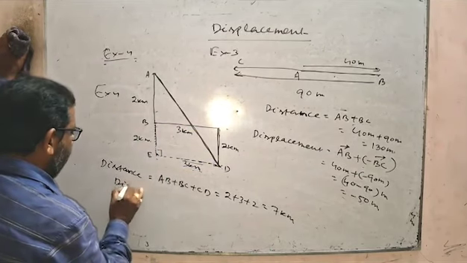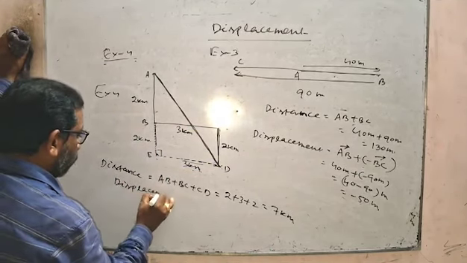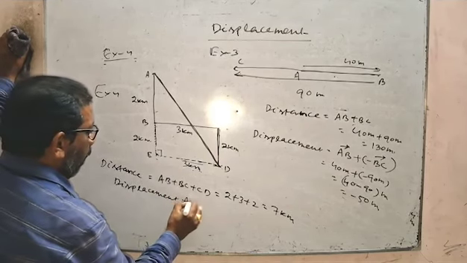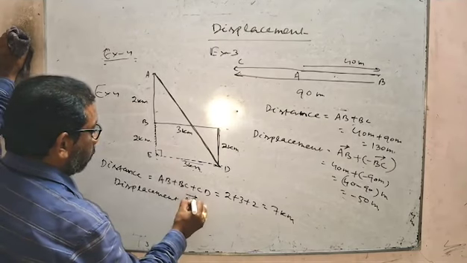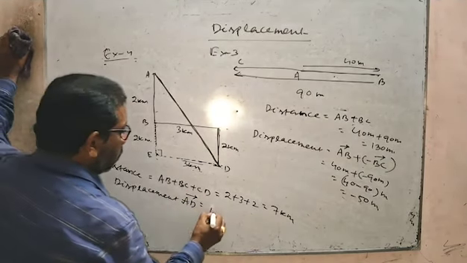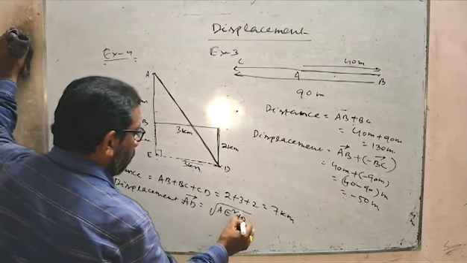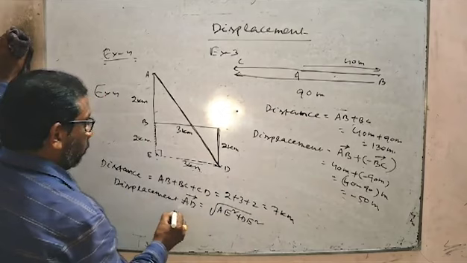So displacement AD equals the square root of AE square plus DE square.